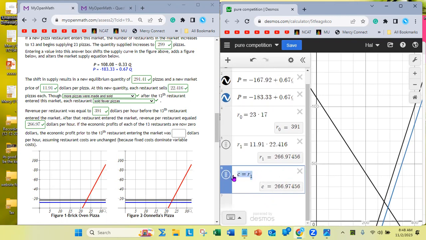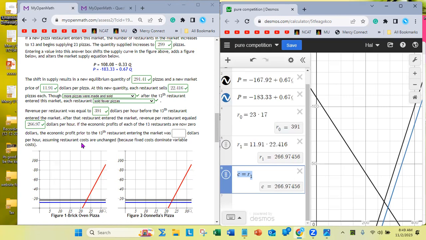So this right here comes from this assumption that per restaurant, economic profits are now zero for each of the 13 restaurants, right? So revenue after that 13th restaurant enters the market is 266.97. Because economic profits are zero, the cost must be 266.97, right?